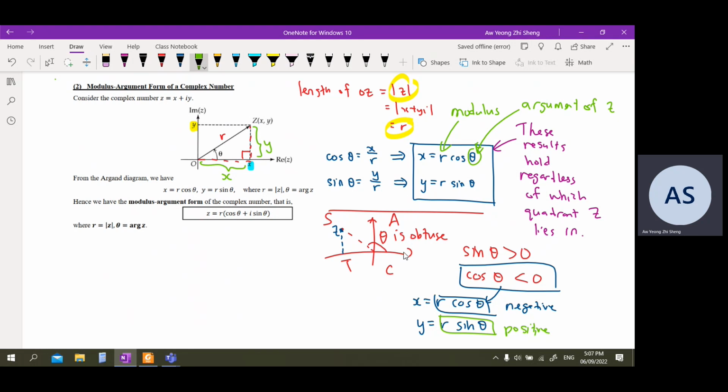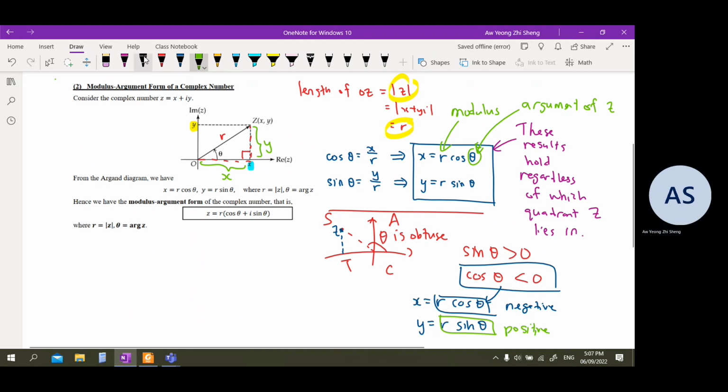You can try to check for the cases where your point Z is in the third and fourth quadrant, it will still make sense. So x equals r cos theta and y equals r sin theta is something that you need to know, and these results actually hold regardless of which quadrant your point Z lies in.